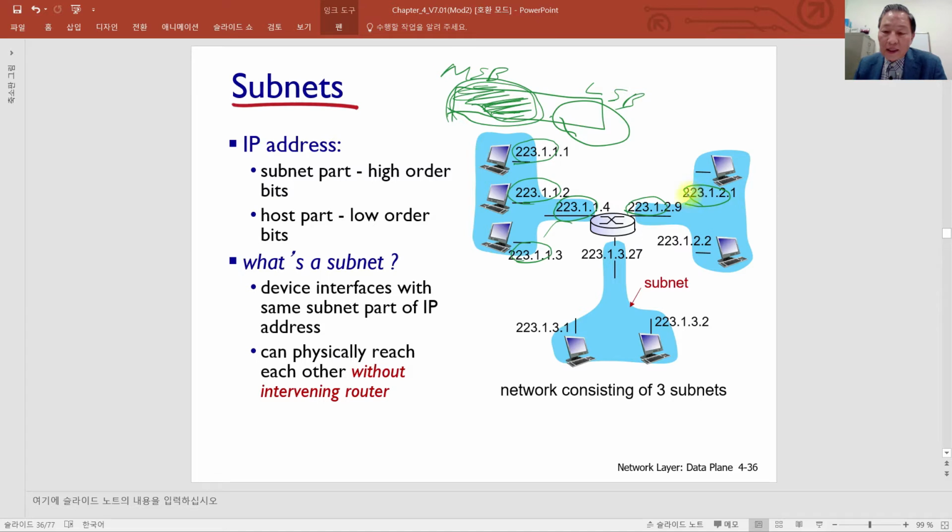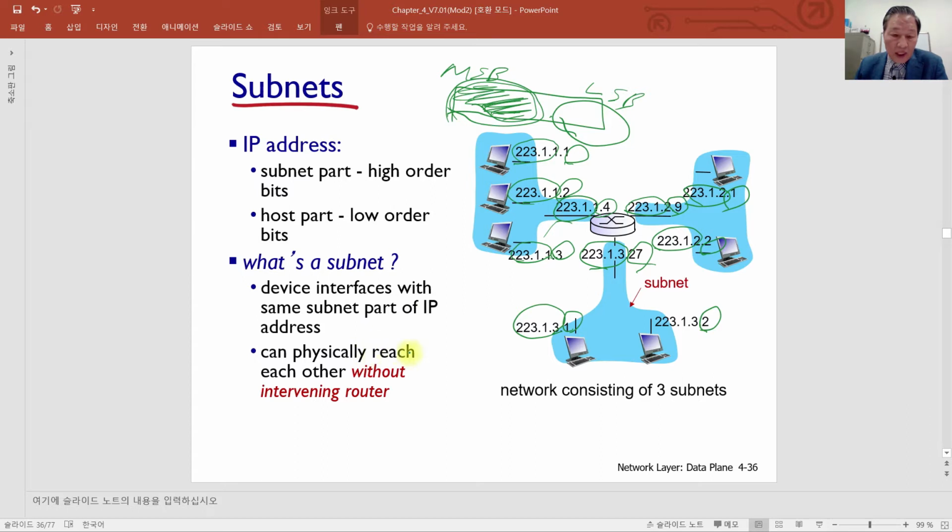This one is another subnet, also this one is another subnet address. In each subnet, we need the host part to identify each host, also here.